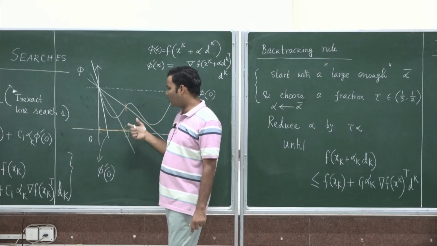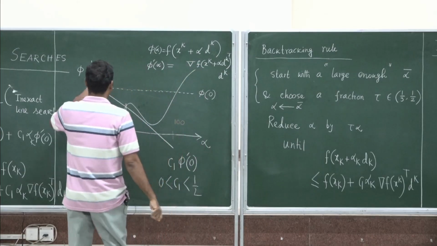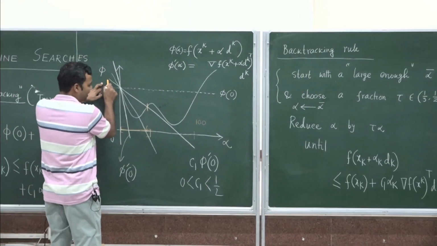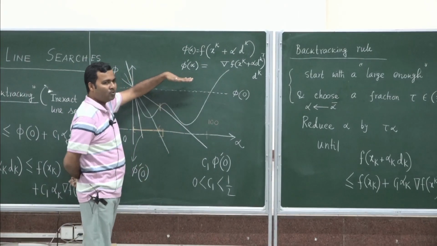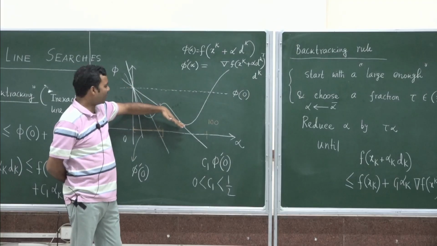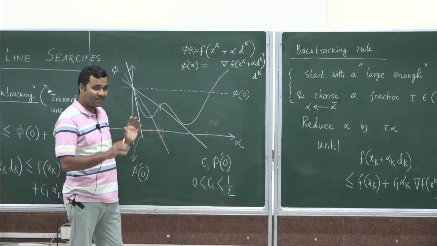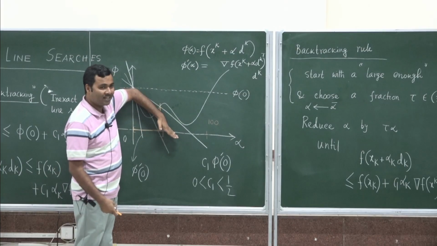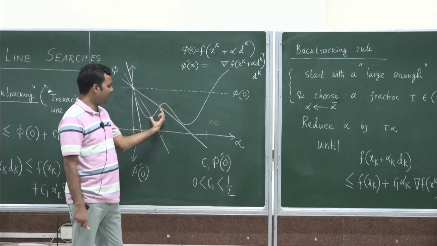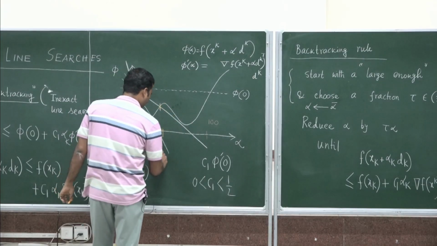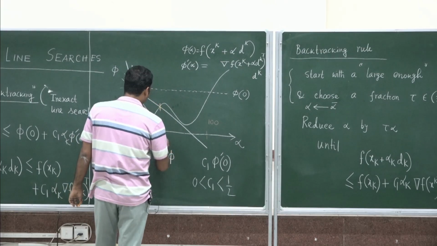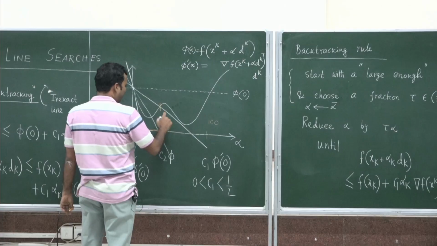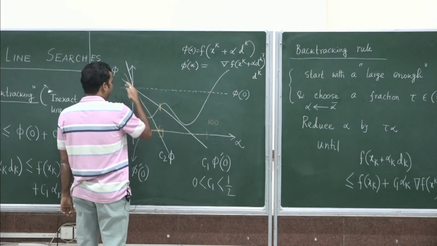But in order to have an intersection region between the earlier line, below which we want the function value, and this new line, above which we want it, we need a C2 fraction as the slope of this line. This line should lie in between the earlier line and the tangent line.